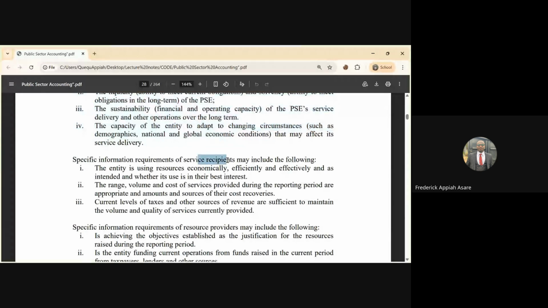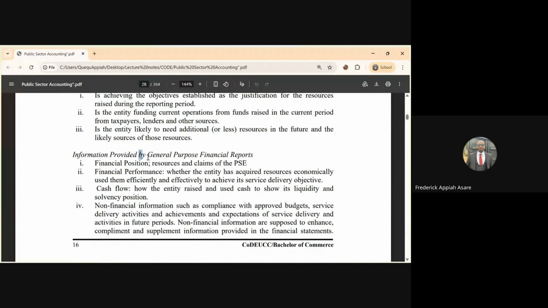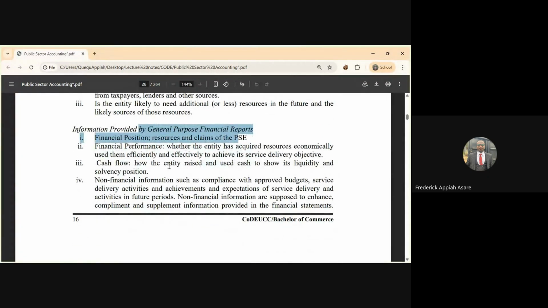Service recipients also have specific information that they need. Then the specific information requirement for resource providers, and information needed from the general purpose financial reports, information provided by general purpose financial reports. We provide financial position, that is the resources and claims.